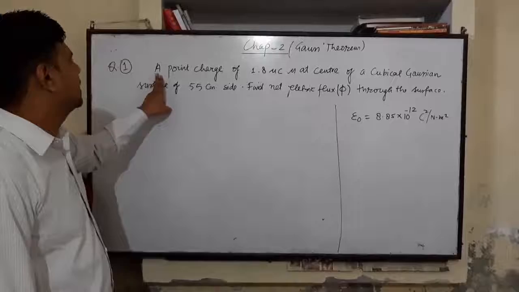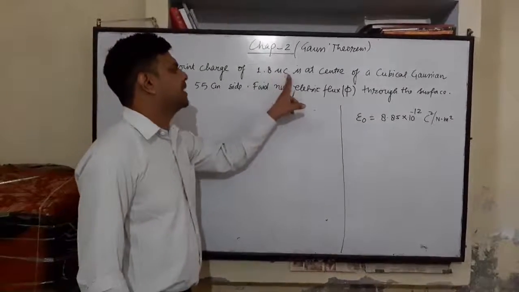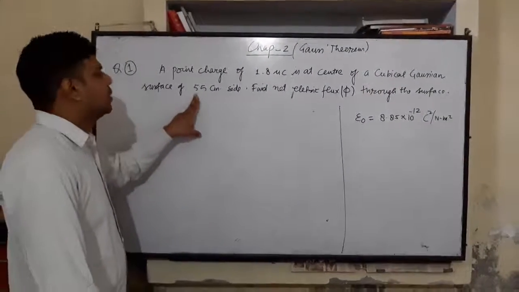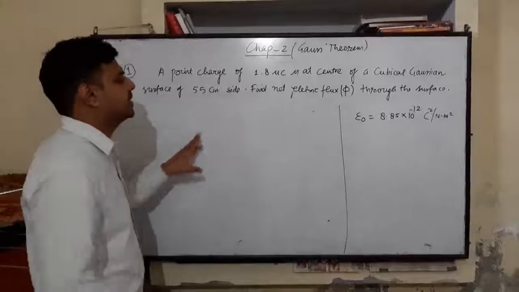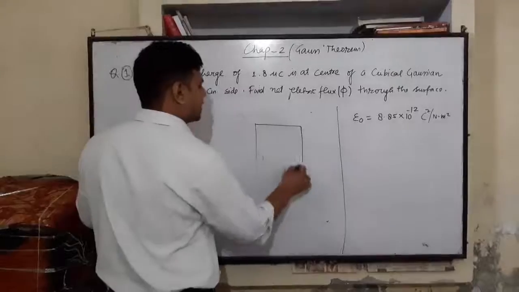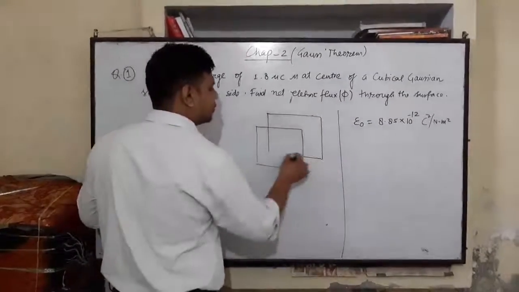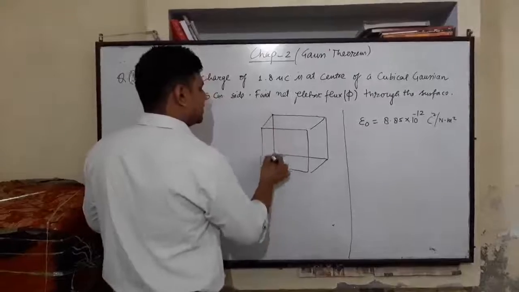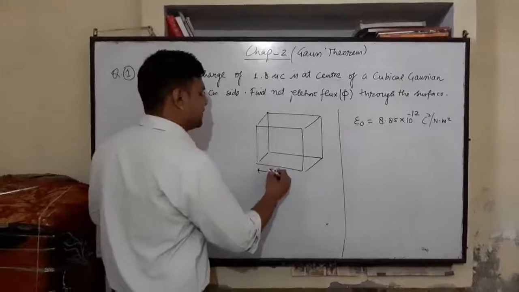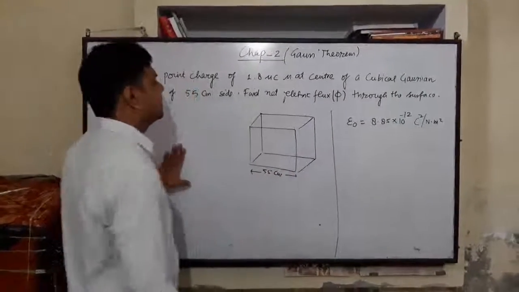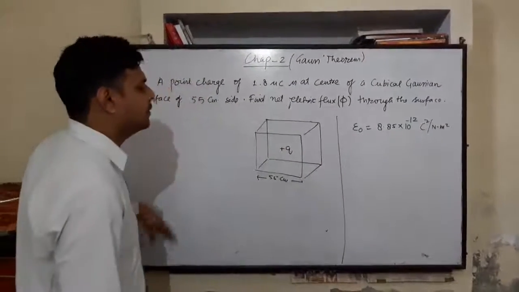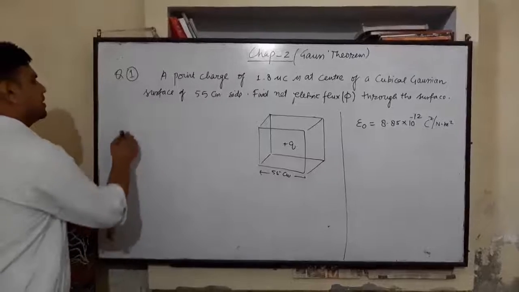In this numerical, a point charge of 1.8 microcoulomb is at the center of a cubical Gaussian surface of 55 centimeter side. In this question we have a cubical Gaussian surface, the side of each surface is 55 centimeter, and a point charge is placed at the center of this cubical surface.